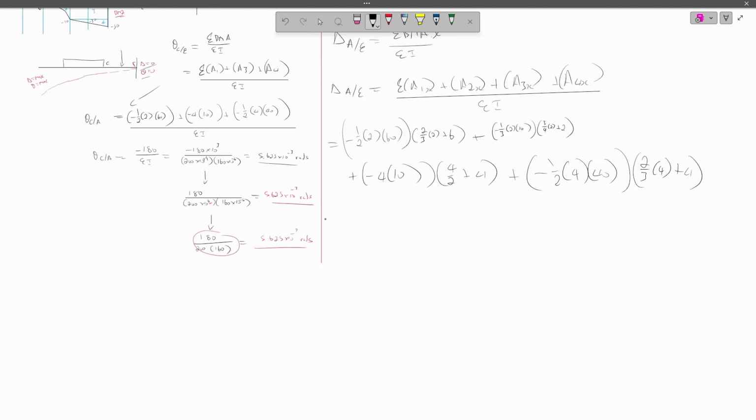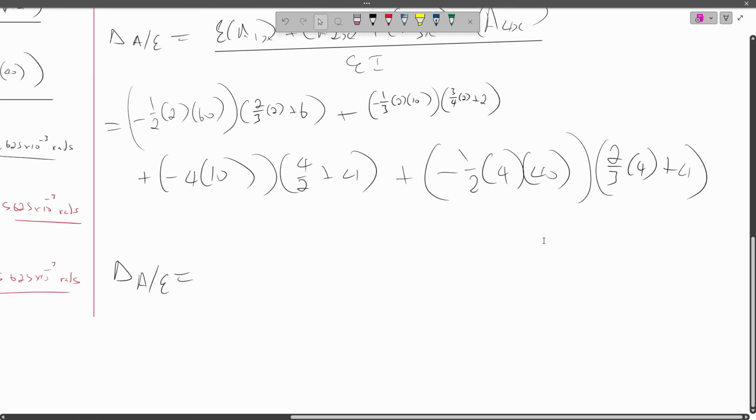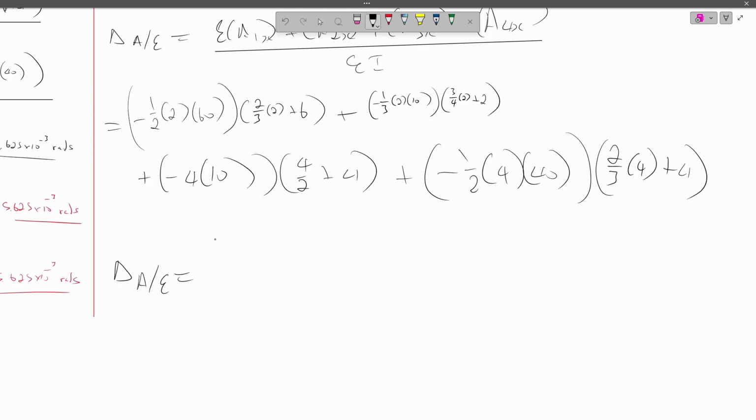Therefore, the deflection at A, referencing A, will be minus 1 over 2 times 2 times 60 over 3 times 2 plus 6.